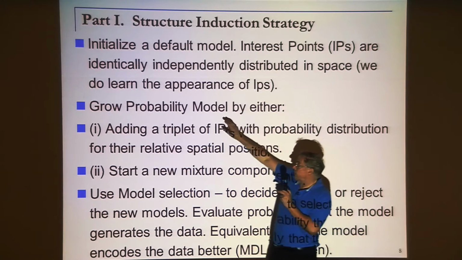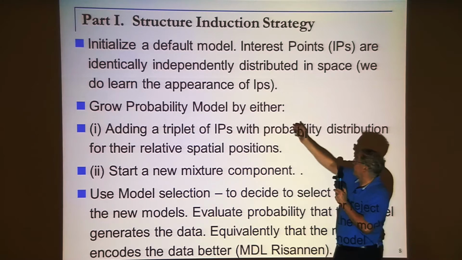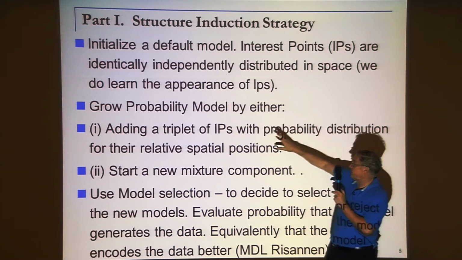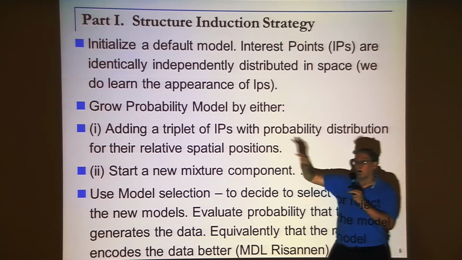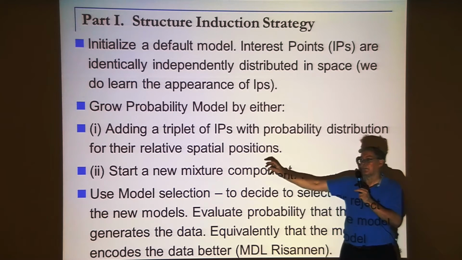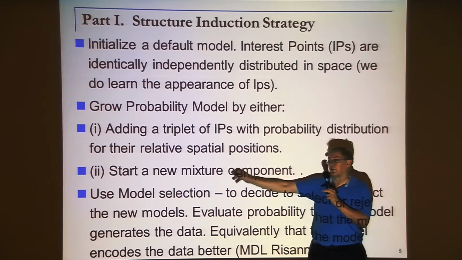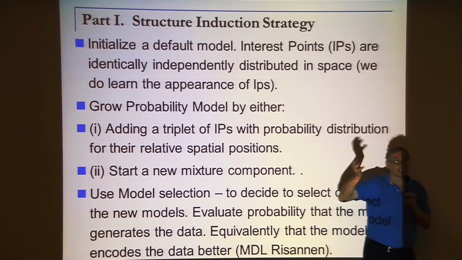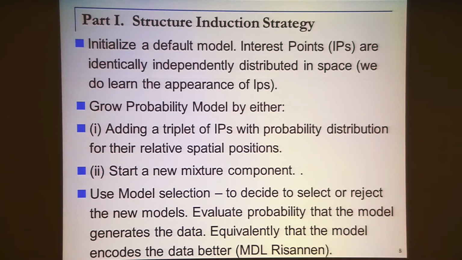And so then you can grow the model by adding a triplet of interest points with the probability distribution for their spatial relations, or alternatively, you could add a whole new mixture component, which again would start out with triples. There's nothing really special about triples. It was what we used in the implementation.